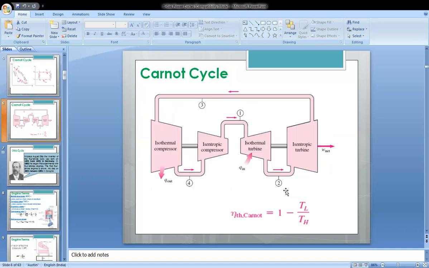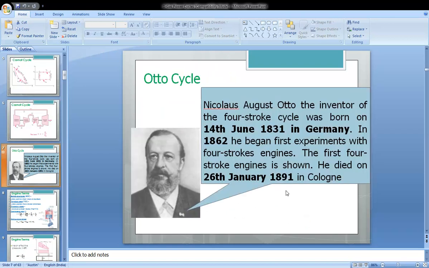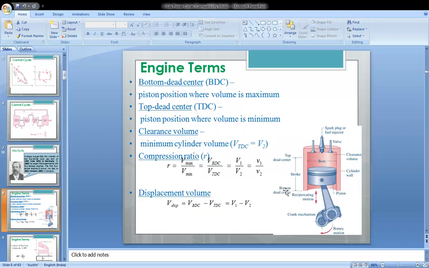This is the Carnot cycle, and the next cycle is the Otto cycle. Otto is the inventor of the four-stroke cycle. He was from Germany, born on 14th June 1831, and he developed the Otto cycle.